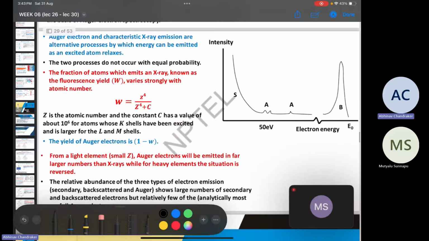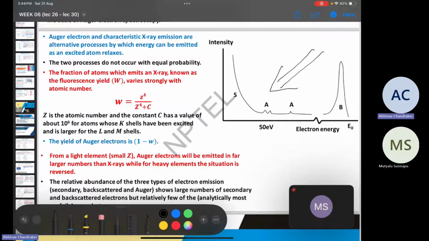So this is a very important plot. It is between intensity and electron energy, that is, the energy of the electrons which are generated from the specimen or which are detected by the detectors. These electrons can be secondary electrons which are knocked out, or other electrons like OJ electrons or backscattered electrons which undergo elastic scattering with the atoms of the specimen.